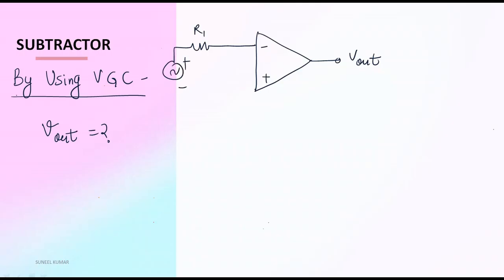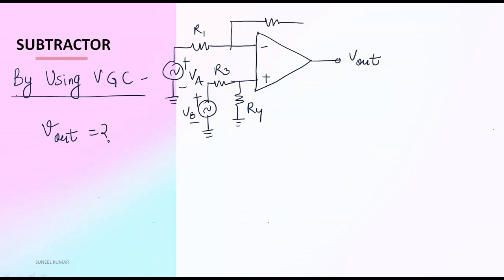Here voltage applied at VA, and this is the non-inverting terminal. We have R4. This is R3. This is the voltage, that is VB. And we have a feedback resistance RF.